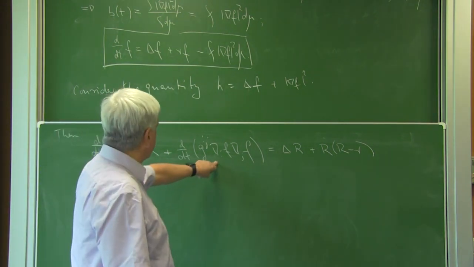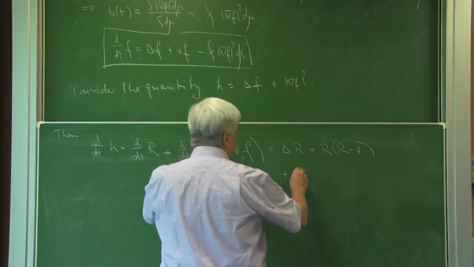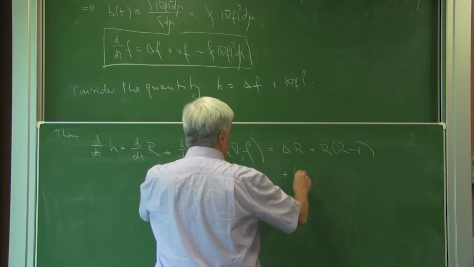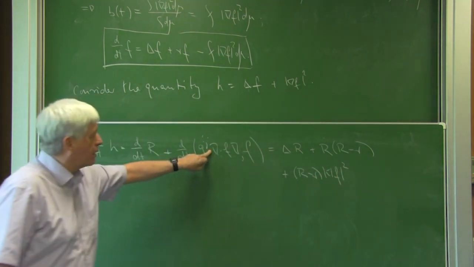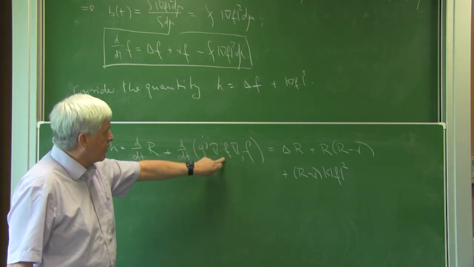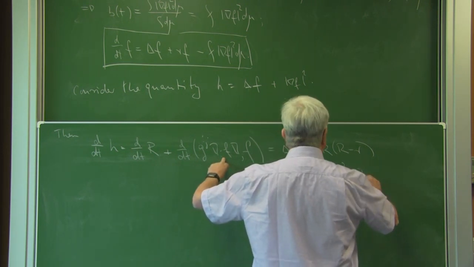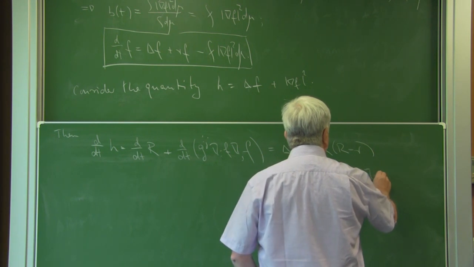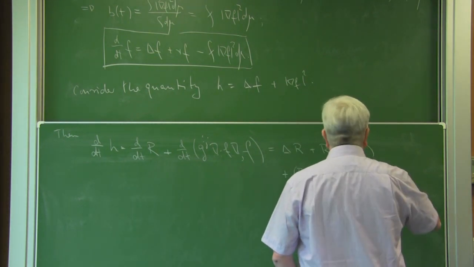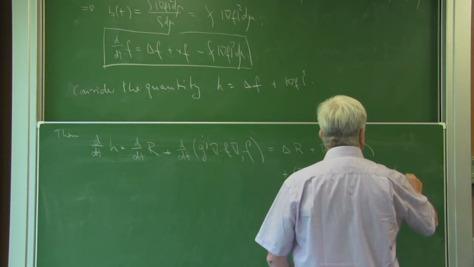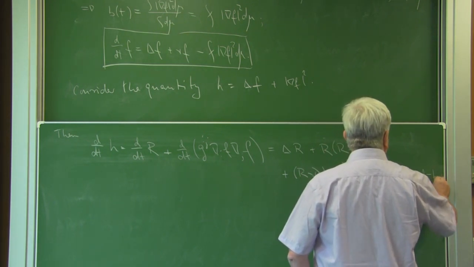But then from here we get some extra terms. So from the g upper ij we get (R minus r) times the gradient of f squared. And from here we get two terms which look like d_i f times the gradient j of, and then we insert the evolution equation of f, which is Laplacian f plus r f minus b.